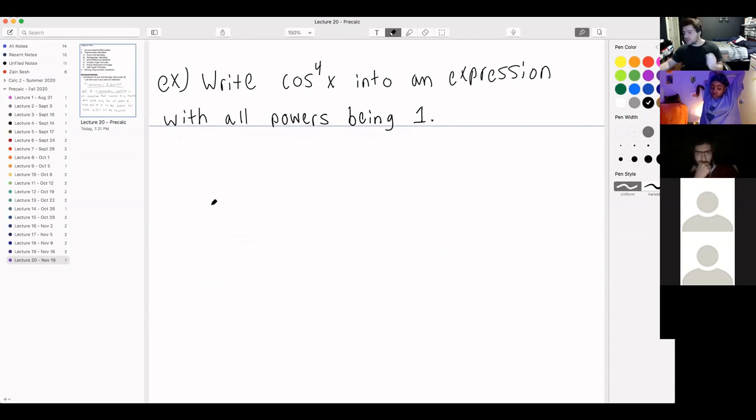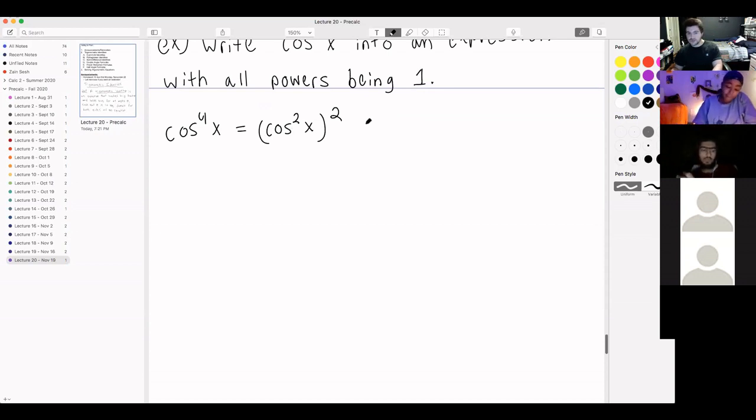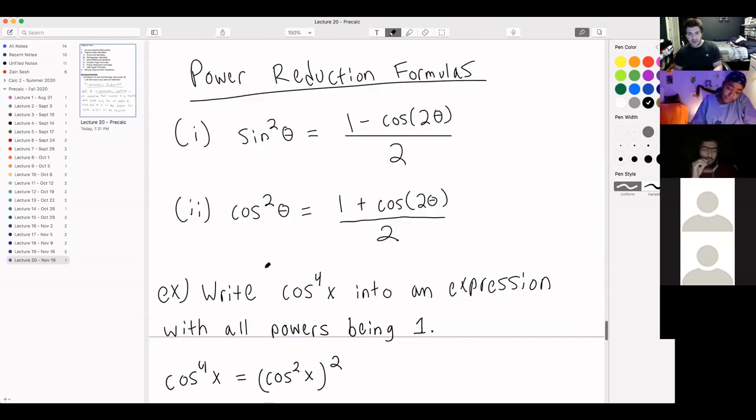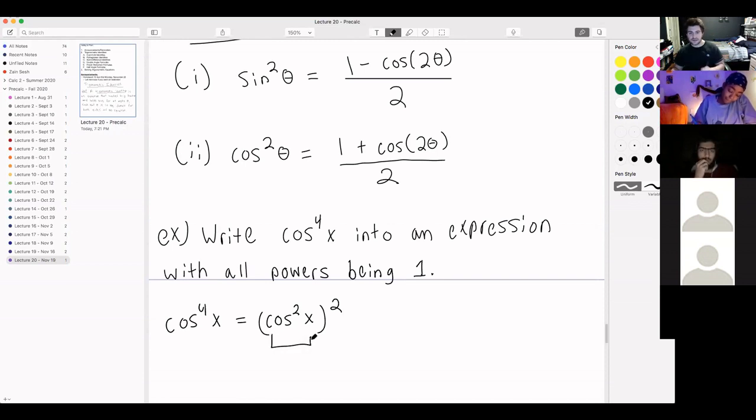All right, so here's how you do it. Cosine to the fourth x, you guys will agree, is the same as cosine squared of x, squared. Now, I use the power reduction formula on the part inside the parentheses.